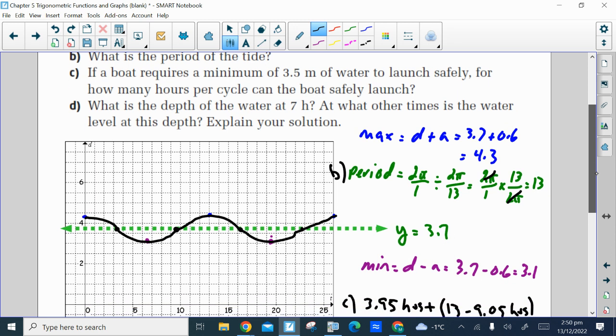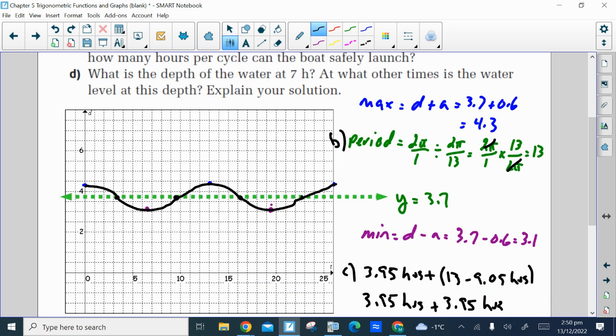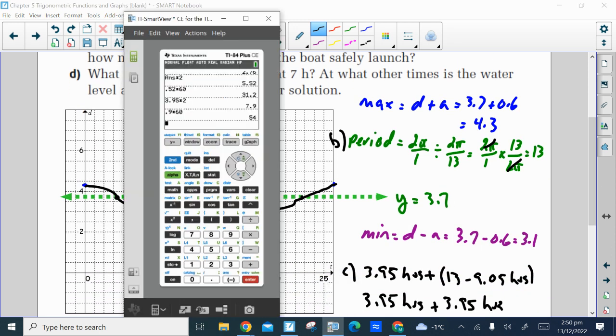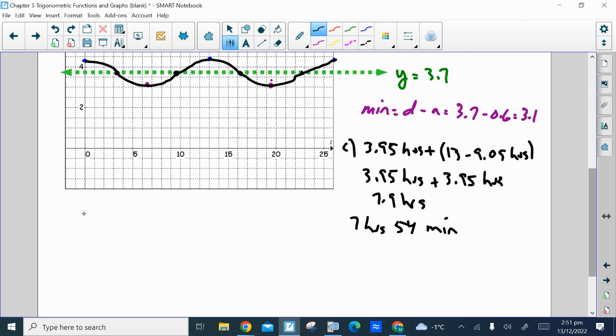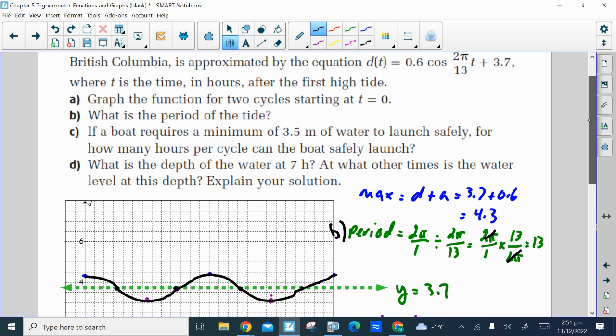What is the depth of water at 7 hours? Well, we can use our graphing calculator for that. Go into the trace mode and let x equal 7. We can see it's at a depth of 3.12 meters. This one was in meters, right?